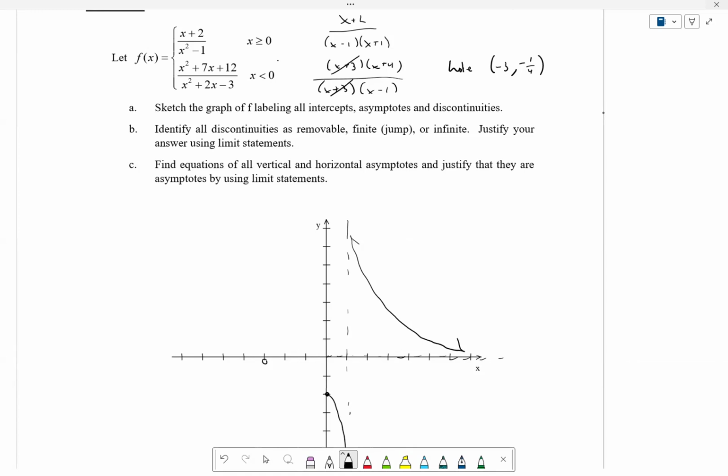Do we agree that the x-intercept is -4? So that's not helpful. We can kind of imagine it, and it's already there, so that's okay.